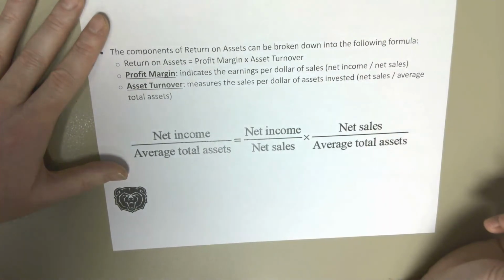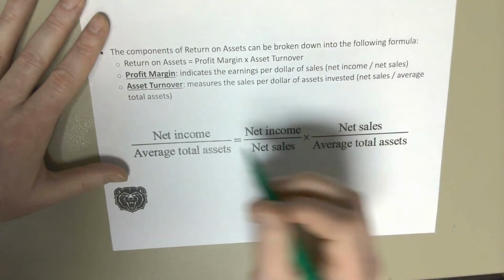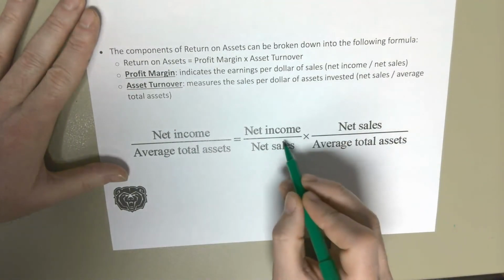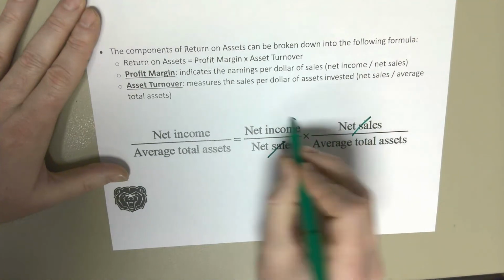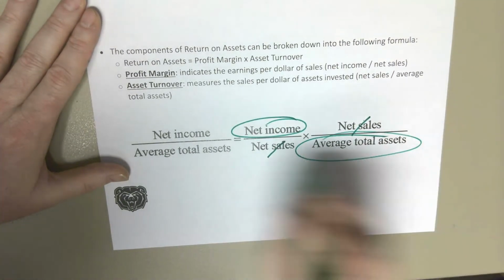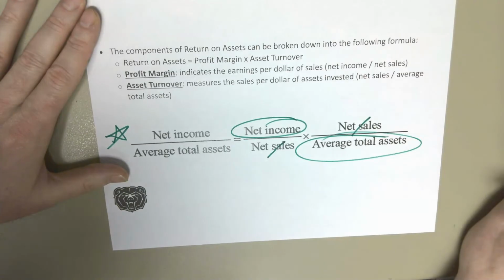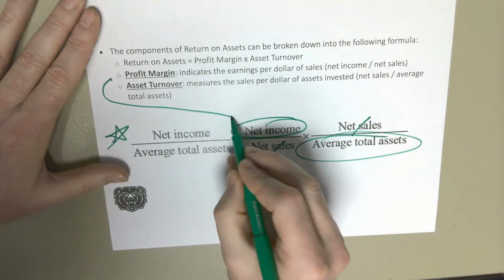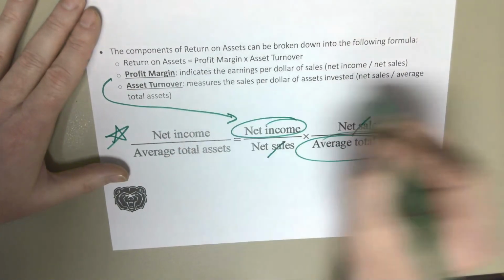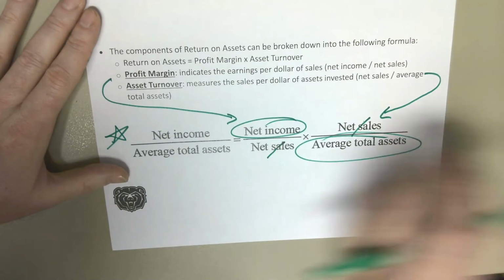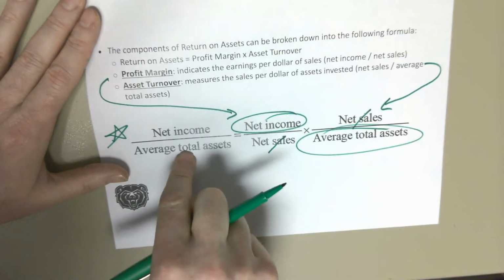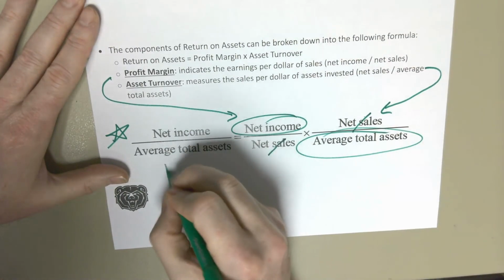If we do this mathematically, okay, we will see that we eliminate the numerator and the denominator here, and it just gives us these, which is equal to this, net income divided by average total assets, right? So you've got your profit margin here, and you've got your asset turnover here. Okay. If you eliminate those, you get your return on assets.